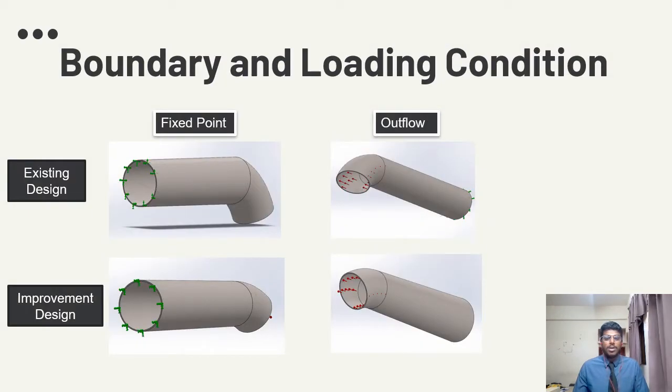In the SolidWorks, the boundary and loading conditions was actually fixed, where the fixed point was actually placed in the very initial point of the exhaust tailpipe, and the loading condition was placed right at the tip where the exhaust gas will be coming out.